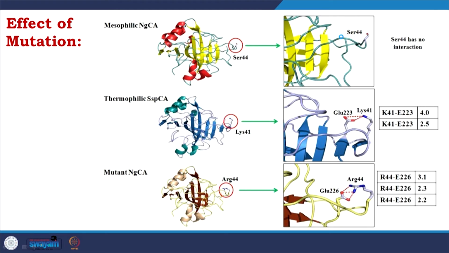Whereas in the mutant version of the mesophilic NGCA, where we mutated serine 44 to arginine 44, we have observed 3 interactions of arginine 44 with glutamate 226.